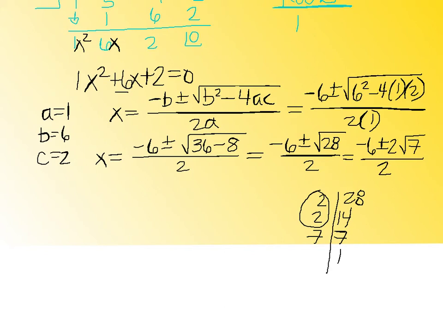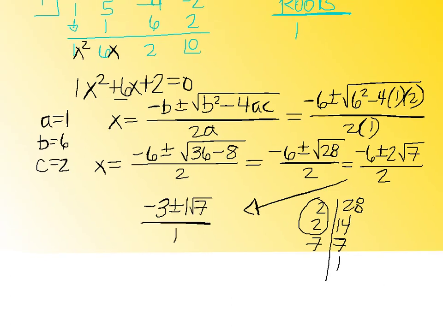Well, I can reduce that, since the 6, the 2, and the 2 are all divisible by 2, I would get, dividing each by 2, negative 3 plus or minus 1, square root of 7, all over 1.